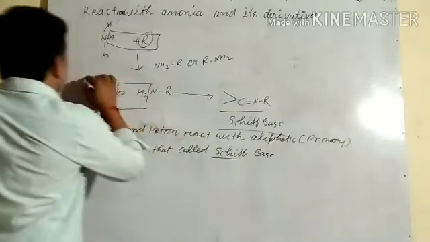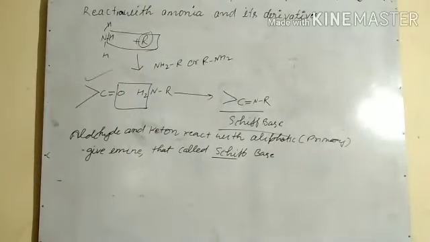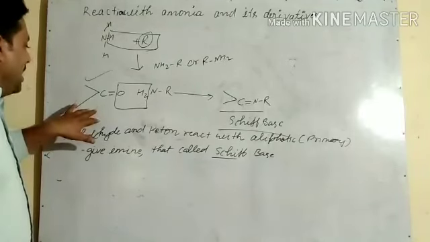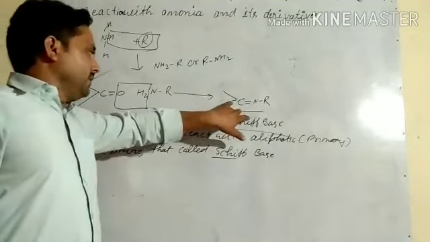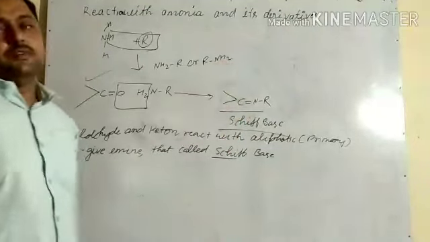This is also very important. What is Schiff base? So remember that when aliphatic amine reacts with aldehyde and ketone, it forms an imine, that is called Schiff base. So thank you.